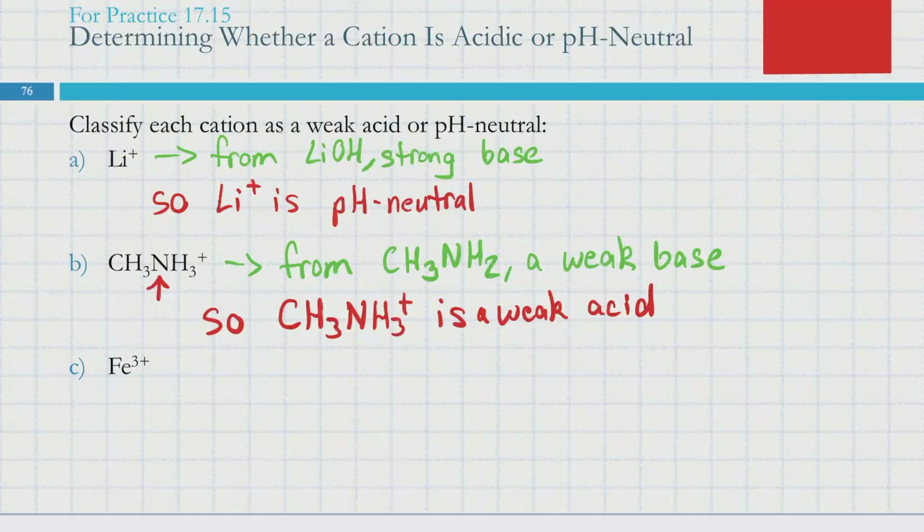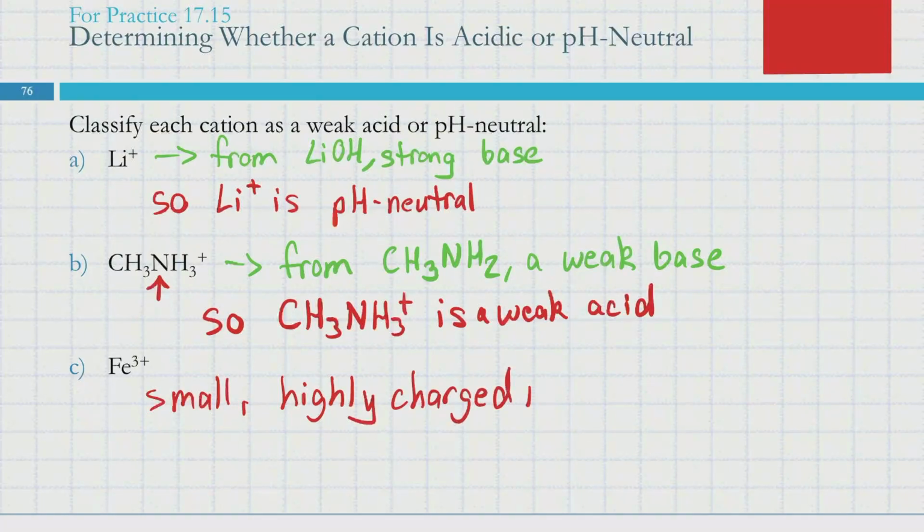Probably not. This was our third category, so it's probably neither of those. It's just a small, relatively highly charged metal. So iron 3+ is a weak acid.